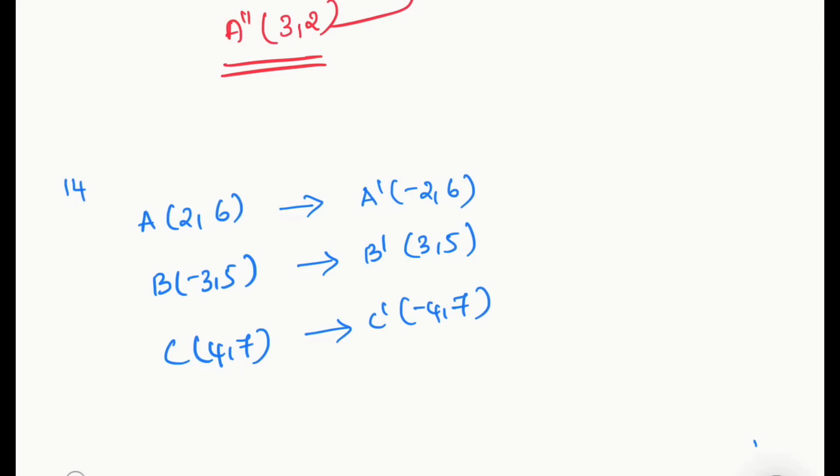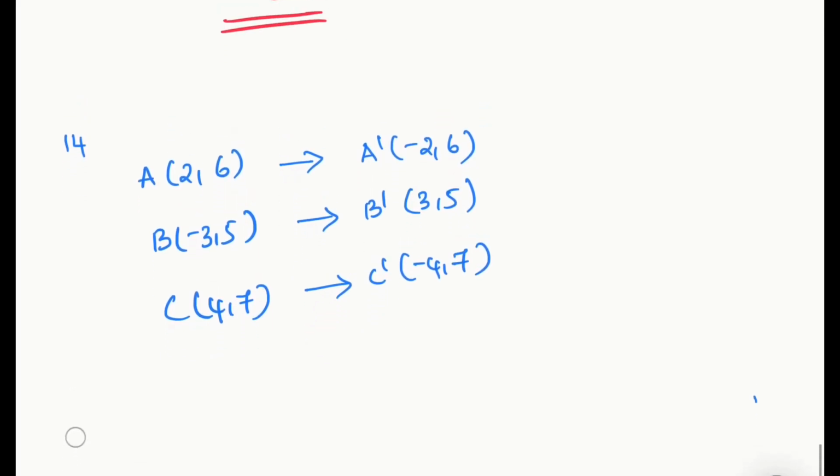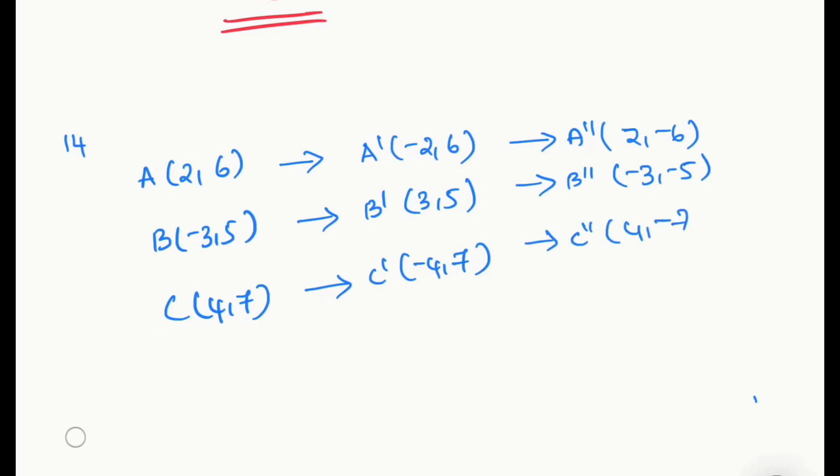Triangle A dash B dash C dash is then reflected in the origin to get the triangle A double dash B double dash C double dash. So in origin, A double dash will be 2, minus 6. B double dash will give you minus 3, minus 5. And C double dash will give you 4, minus 7.